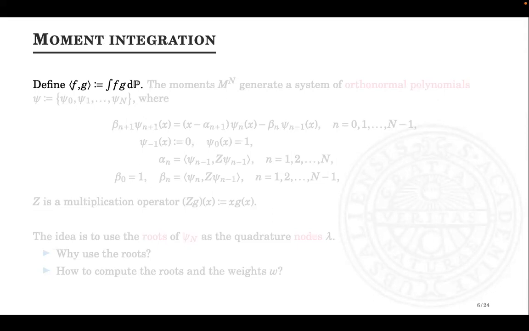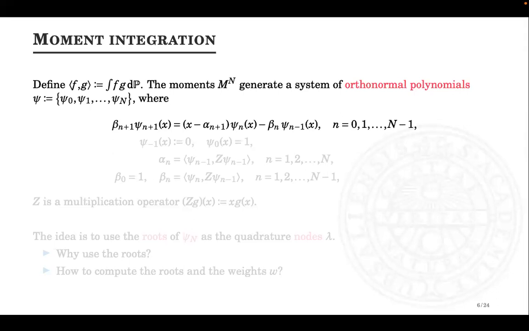Let's define the inner product between functions f and g as the integral of fg under this probability measure. Then it will be clear that the collection of moments up to order 2n minus 1 actually generates a system of orthogonal polynomials, which satisfy a three-term recurrence relation, which is very widely known.